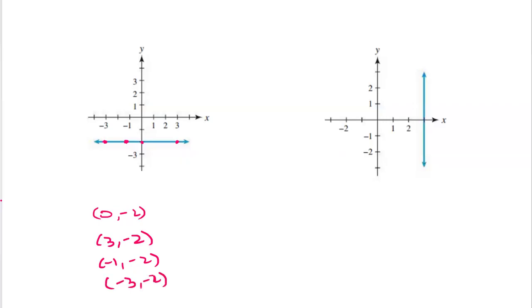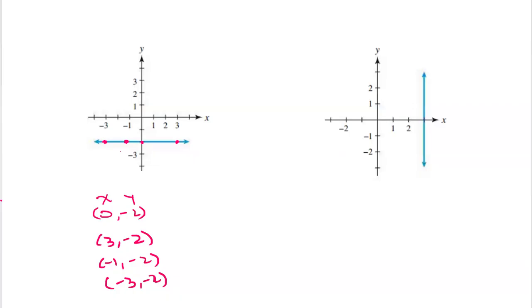Okay, so what do you notice here? Do you see a pattern? What do you notice here? -2, right? This is our x coordinate and the y coordinate. All right. So for the horizontal line, the y coordinate's always the same, right?